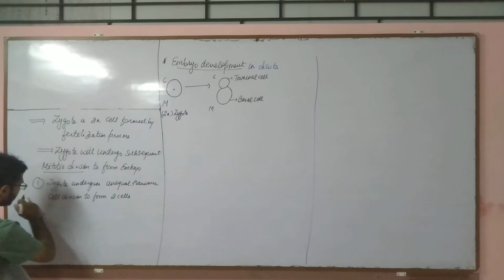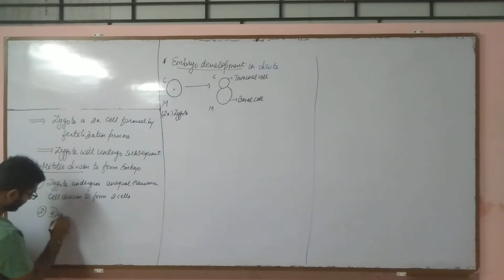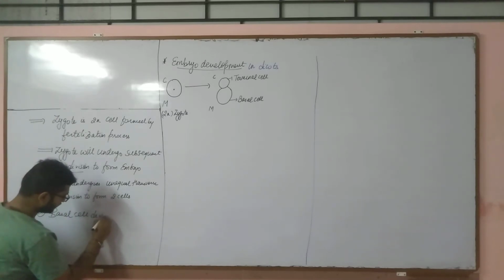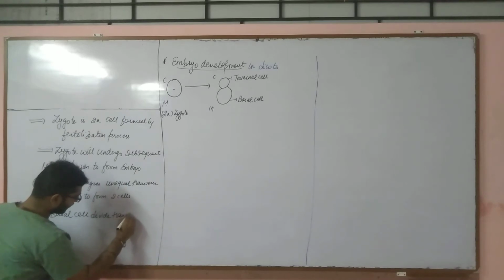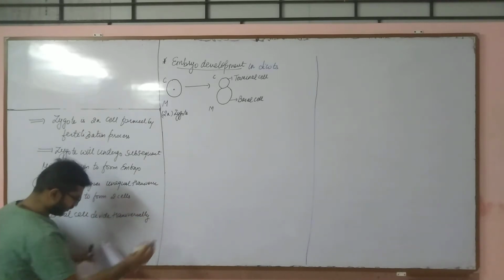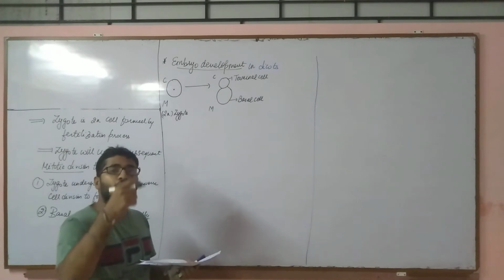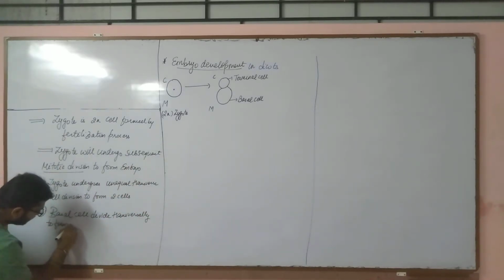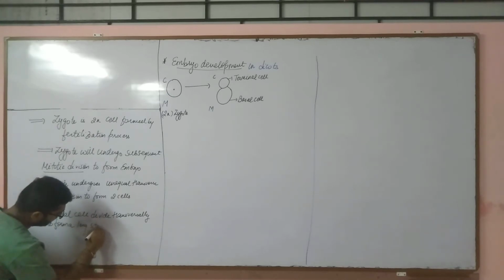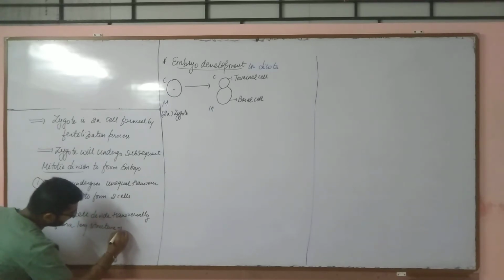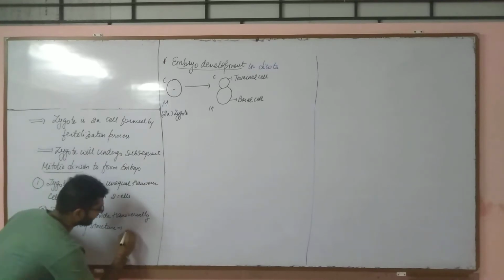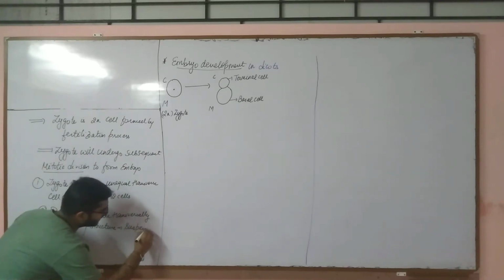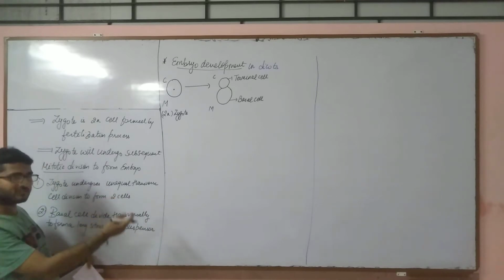So the second step is the basal cell divides transversely to form a long structure, and the name of the structure is suspensor. Let us draw the suspensor.